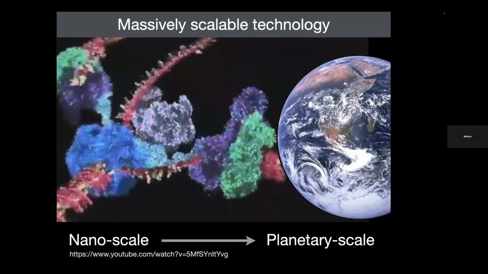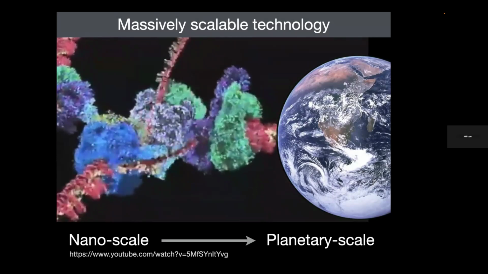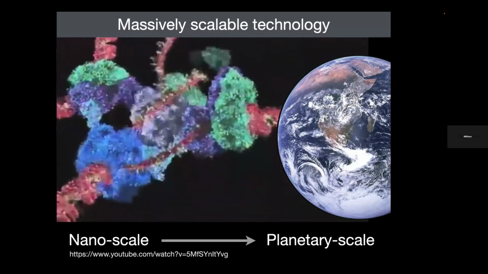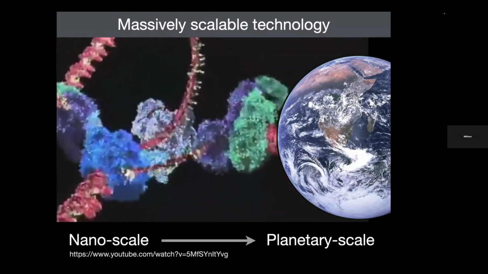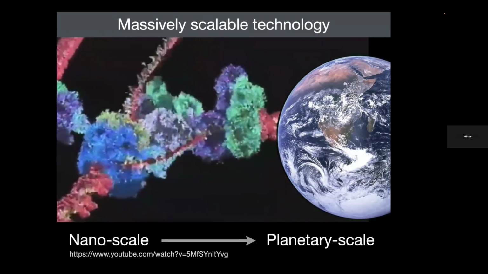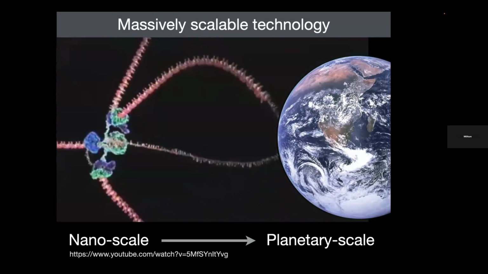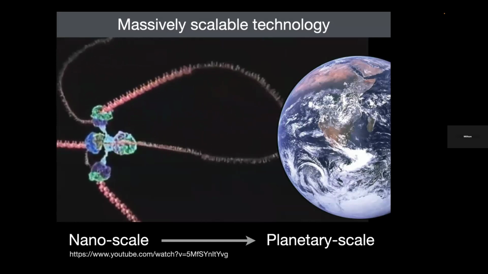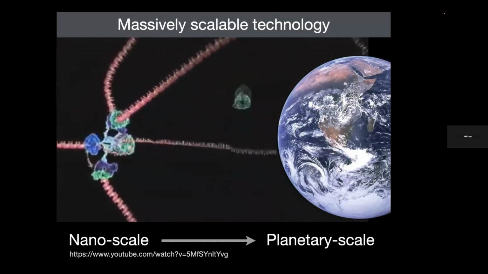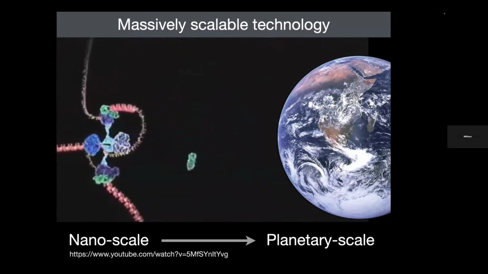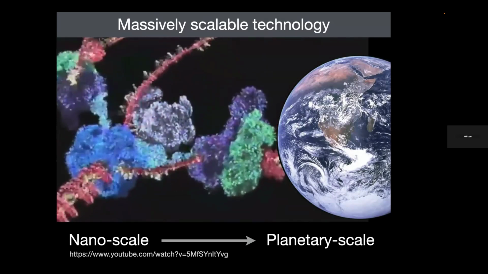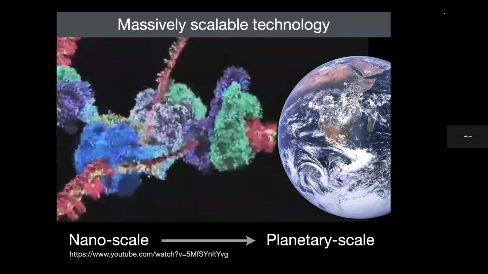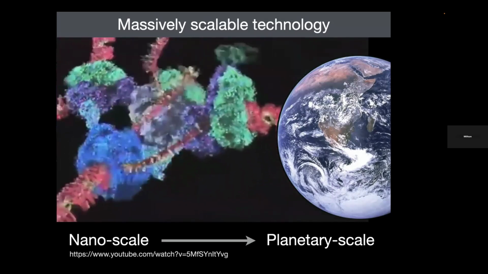They do all sorts of things at the molecular, nanoscale. But through various levels of hierarchy and emergence, those systems can be deployed at a planetary scale. So it's a hugely scalable technology, and as an engineer or a scientist that wants to use these systems in new ways, this is the sort of technology we'd love to be able to harness.